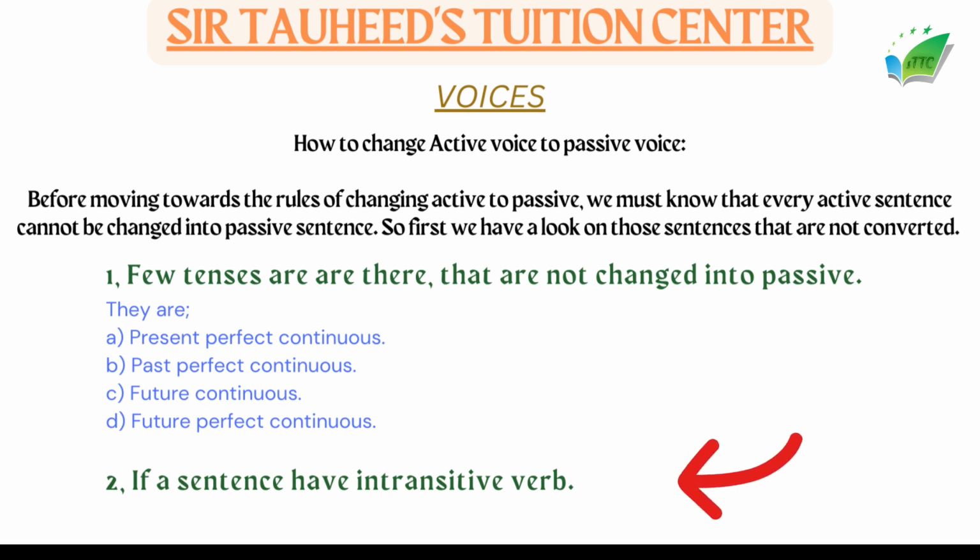And when the object is not there, then we cannot change an active to passive voice, because in passive voice the object is very important, because we have to stress on the object, and if it is not available in the sentence, there is no need to create a passive voice sentence.